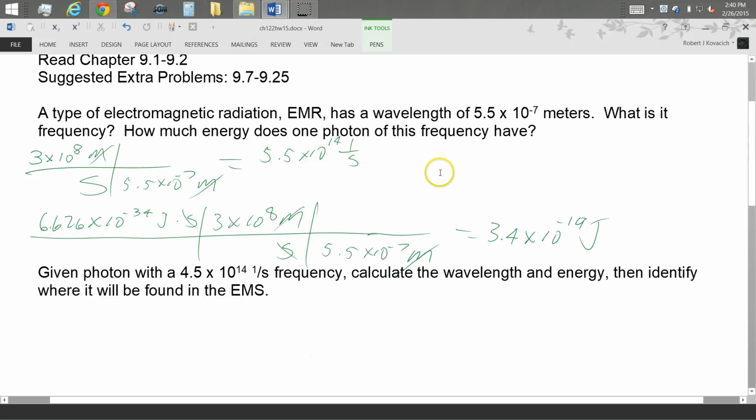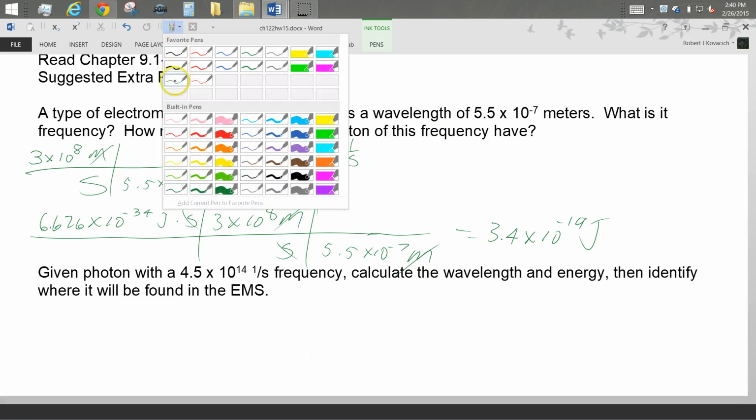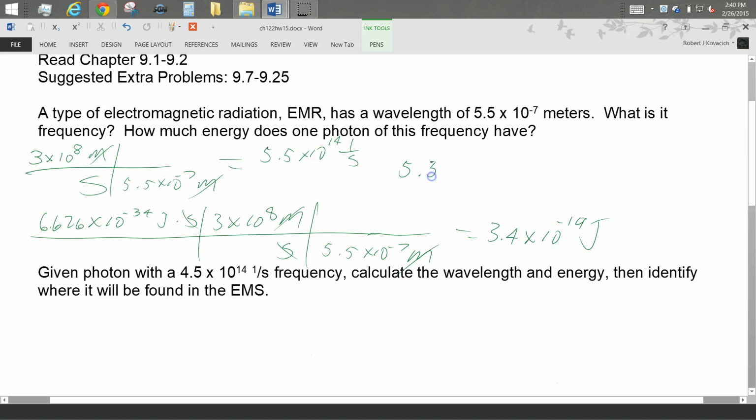So 5.5 times 10 to the negative 7th, right? If I take this decimal place and I move it this direction, what happens to this number? It's bigger. Yeah. No, wait a minute. Do I make it smaller? Is it a 6 or an 8? 8.